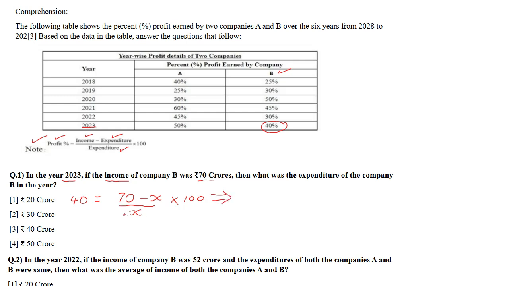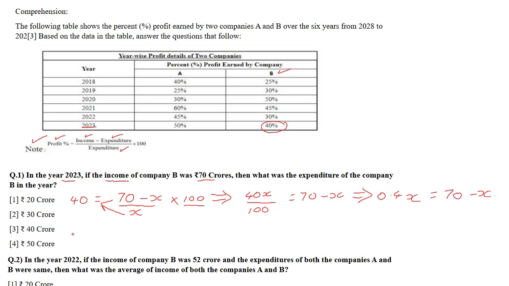X over here is division, because that side it becomes multiplication. 100 over here is multiplication. If it goes that side, it becomes division. All right, so we are going to end up with 40x upon 100 is equal to 70 minus x, which going further, we can say 0.4x is equal to 70 minus x.